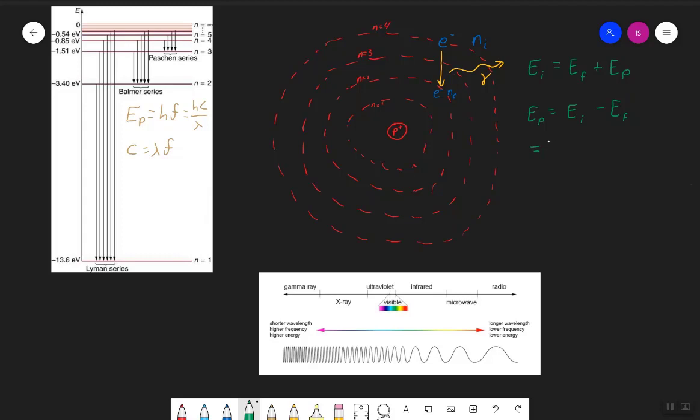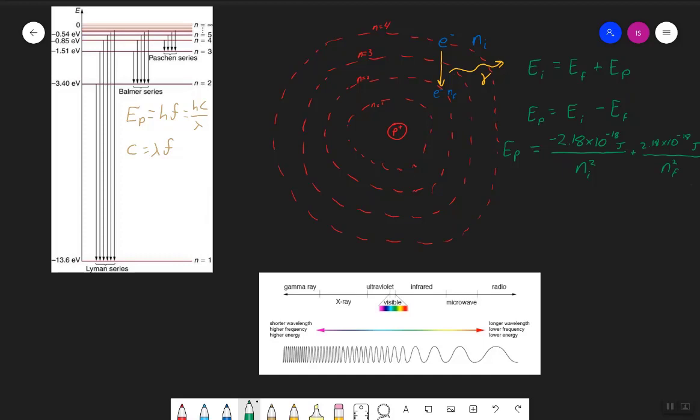The energy initial is, E_P equals, we have our negative 2.18 times 10 to the negative 18th joules over n initial squared, minus, but then it's minus a negative, so that's just plus 2.18 times 10 to the negative 18th joules over n final squared, because we're subtracting a negative.